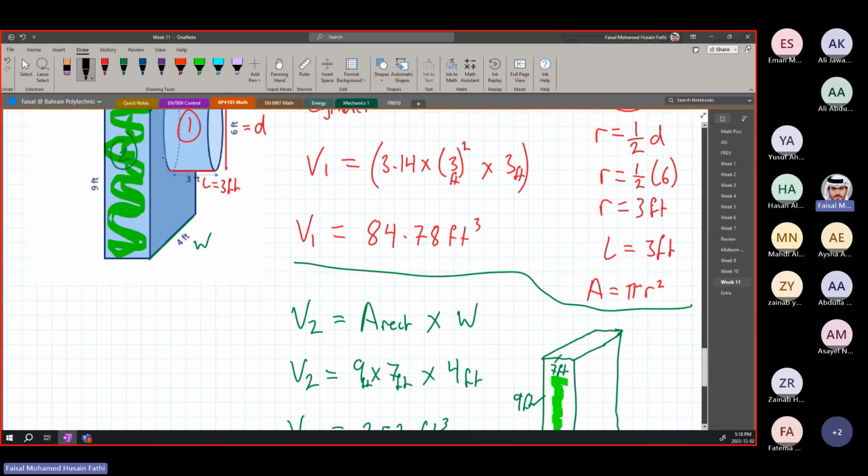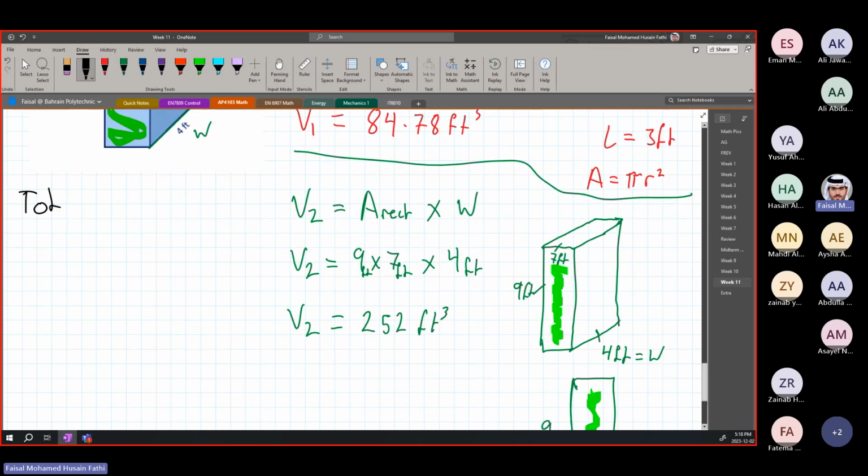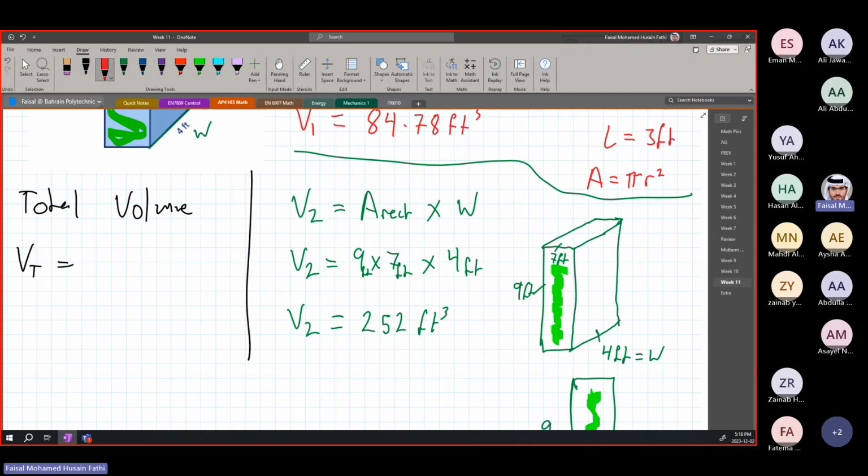Now we just need to find the total volume. V total is going to be equal to V1 plus V2. So V total is going to be equal to 84.78 feet cubed plus 252 feet cubed.